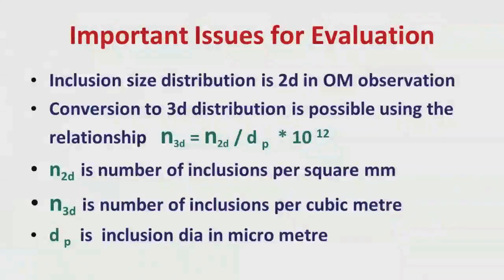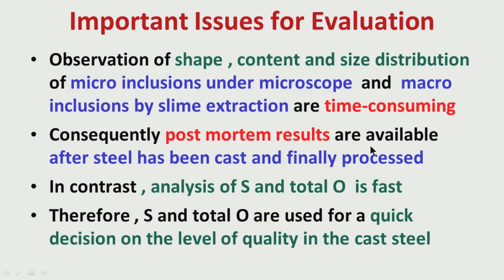Then I have talked about the 2D information on sample size, how it can be converted to 3D distribution by this simple relationship. Then I have talked about the important issues, like identifying shape, content, size distribution. These are all okay, but these are all time consuming.